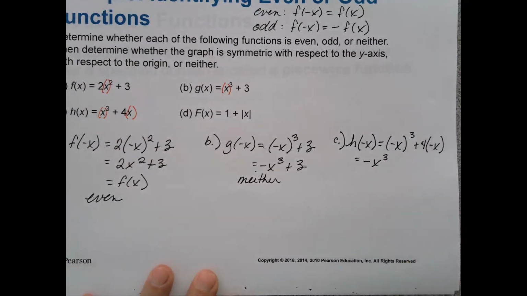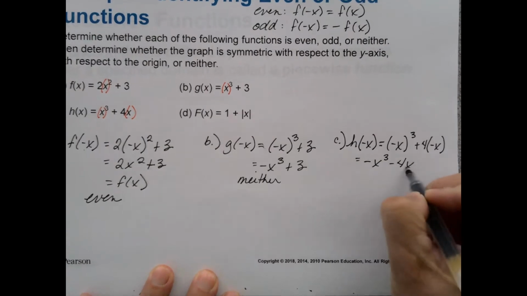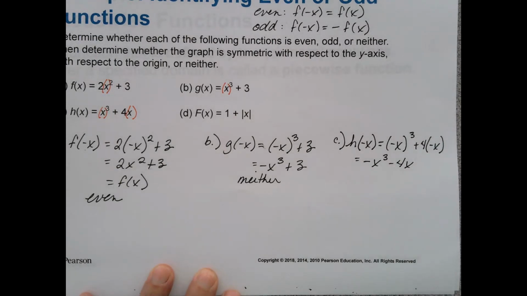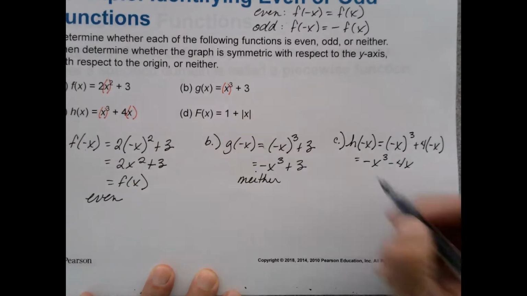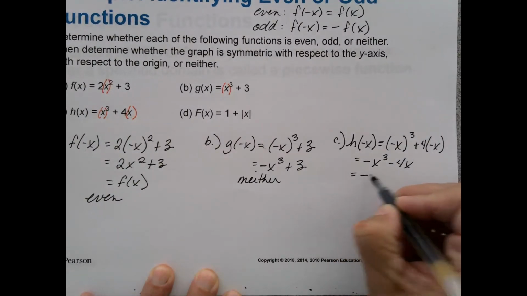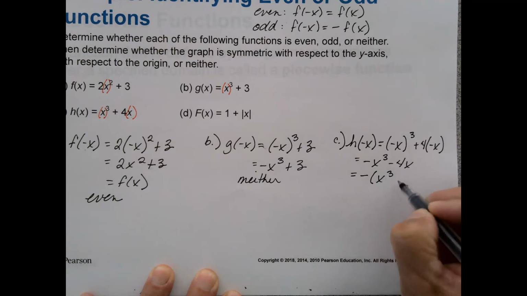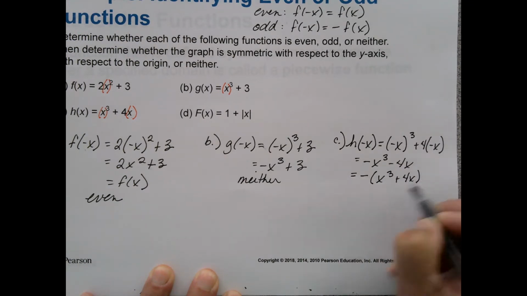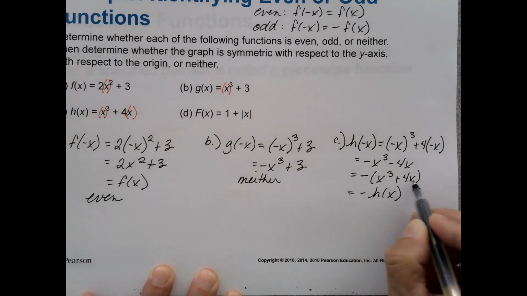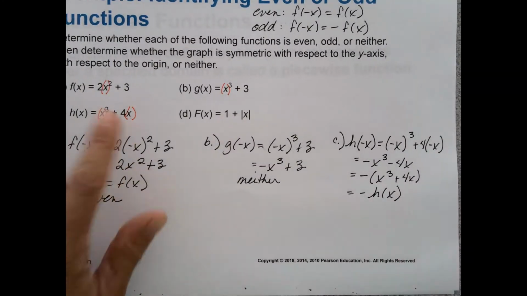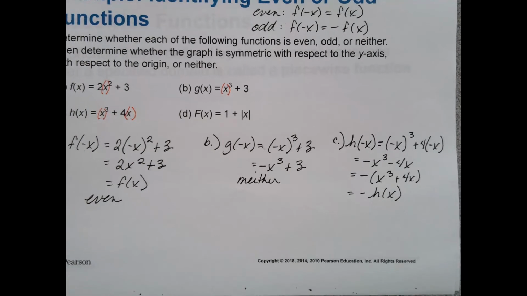And plus 4 times a negative x, that's a negative 4x. What happened? Every sign changed on the original. You can also think about factoring a negative out, leaving you with x cubed plus 4x, so that we can formally see that this is negative h of x. So this one is odd.